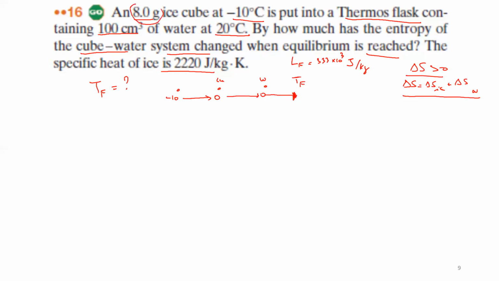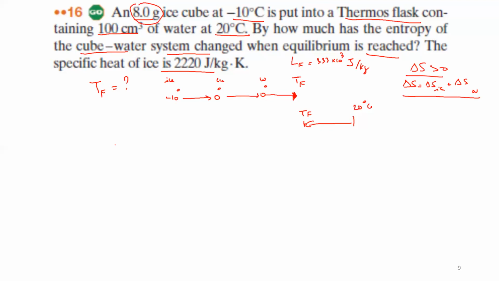The ice mass is small, so the water will be dominating. Okay, so the final state will be between 0 and 20 degrees Celsius, so all the ice will melt. So this is for ice. For water, it will leave 20 degrees Celsius and it will end up at T_F. Okay, so first you get me this T_F.